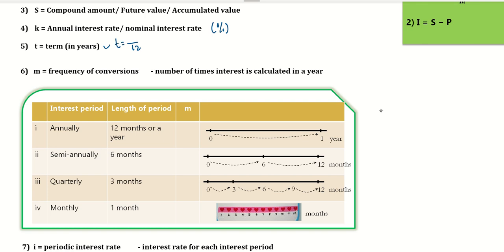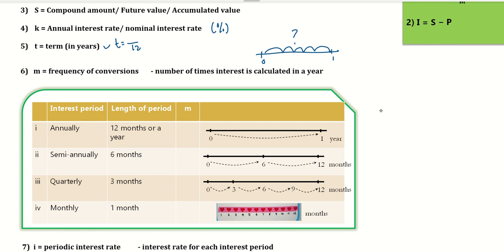Number 6, M. M is the frequency of conversion, or the number of times interest is calculated in a year. So how many times is interest calculated in a year? There are a few values of M, depending on the interest period.